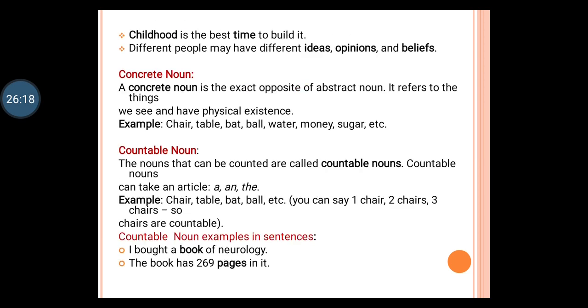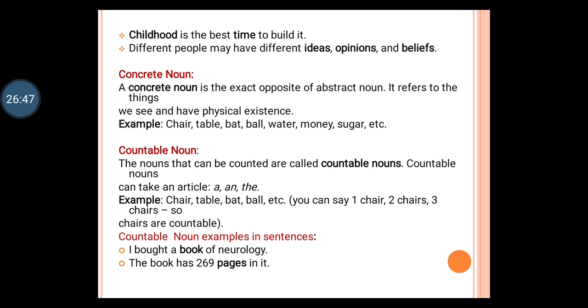Examples of abstract nouns in sentences: Childhood is the best time to build it. Different people may have different ideas, opinions, and beliefs. Ideas, opinions, and beliefs. Childhood. These are all abstract. You can't see them. You can't see time.